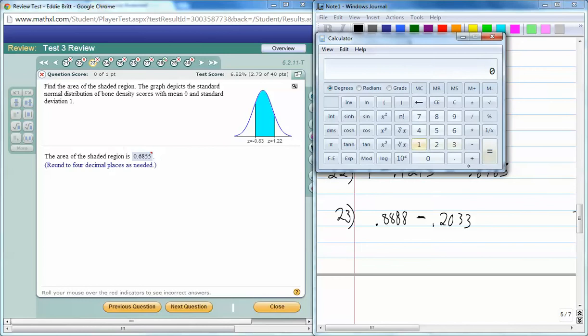We'll get a little more exact this time. 0.8888 minus 0.2033. So that's the area between the two curves, 0.6855. Alright, and that's right on, 0.6855. You see down here, it pops up correct answer. It has the plus or minus there. That means that it'll accept different answers just really close to that.